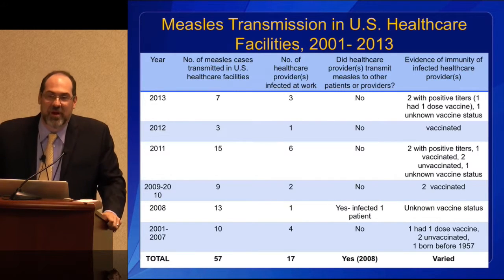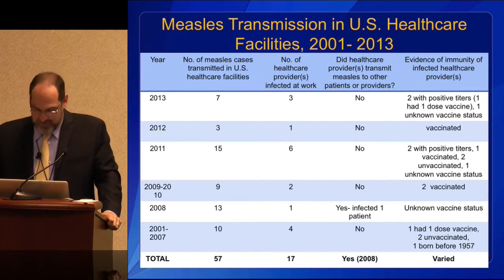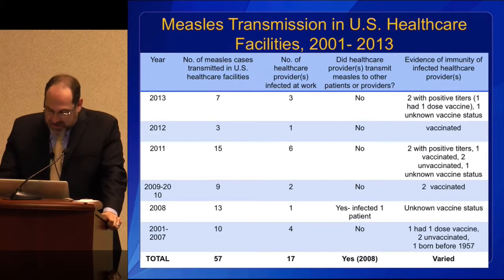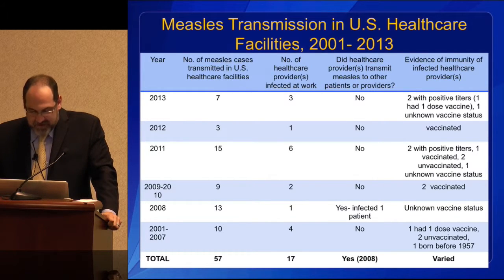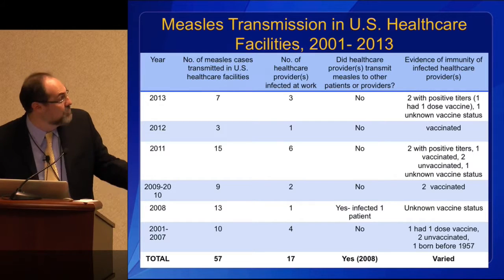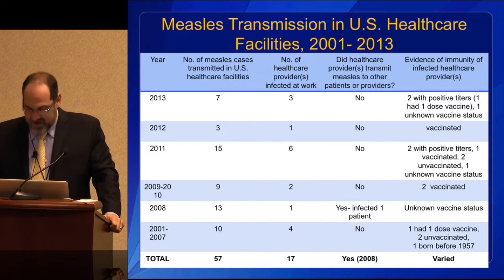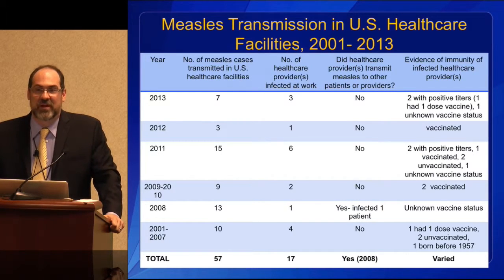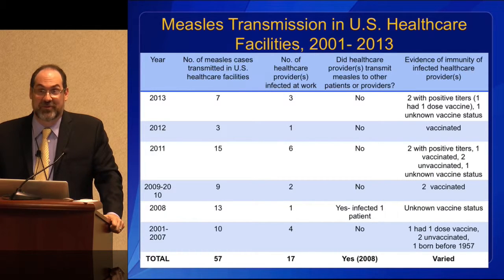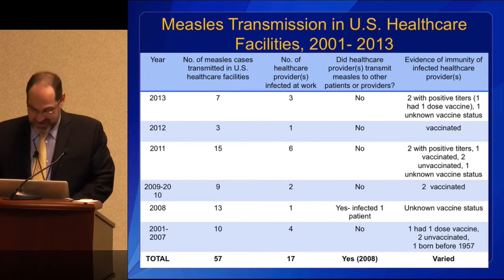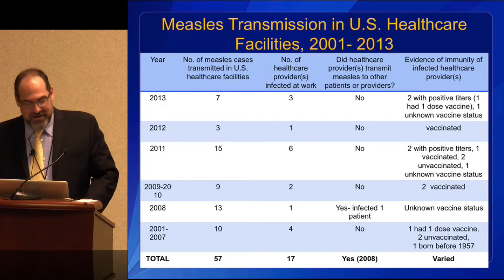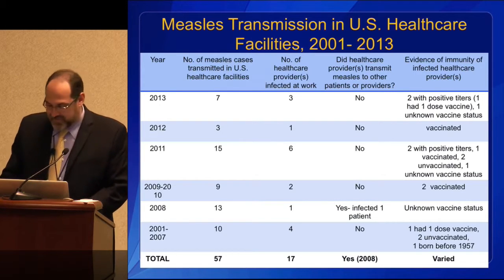But the important thing I want to emphasize is that last column. It shows immunity status of the infected healthcare providers. And several of them, 7 or 8, had presumptive evidence of immunity and developed measles. This is really important. So it's small numbers.